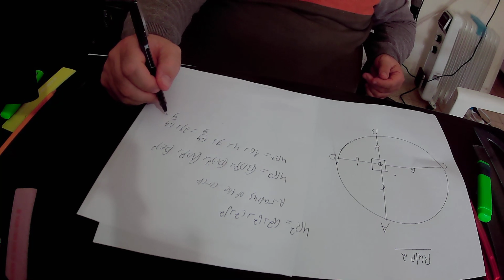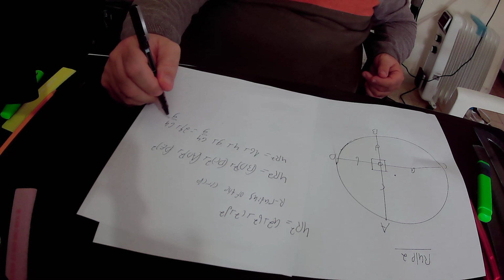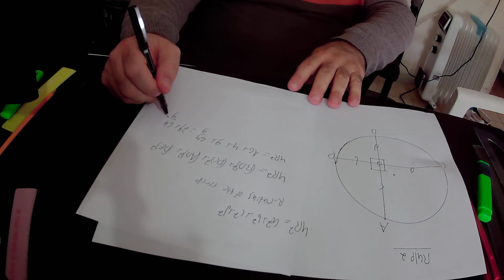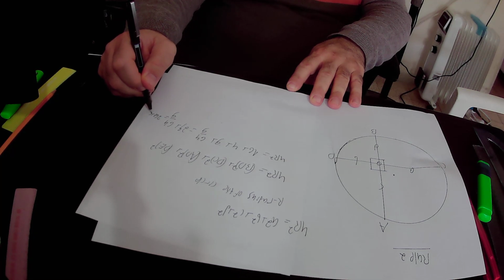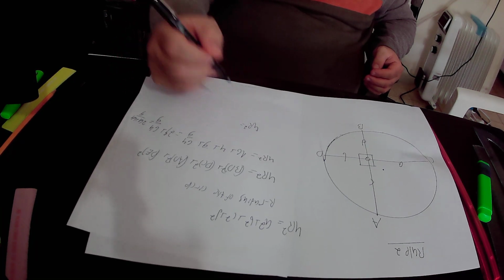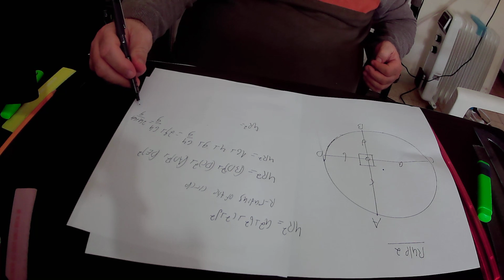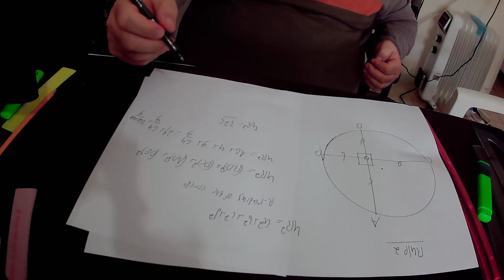Here we'll multiply 29 by 9 and then divide by 9 in order to have a common denominator with this expression, and we get 261 plus 64 over 9. So 4 times R squared equals 261 plus 64, which is 325 over 9.